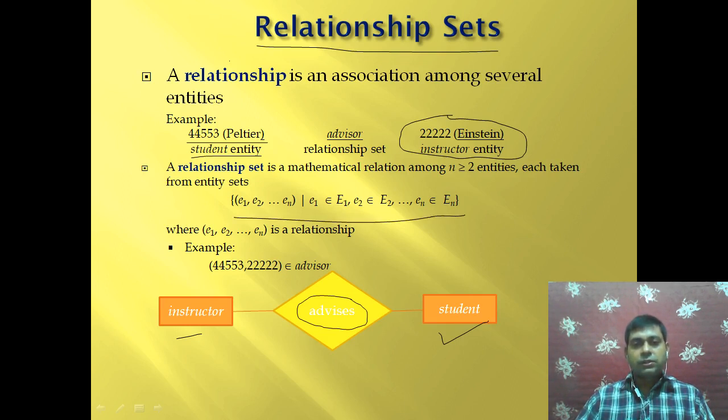And here one thing is very clear, that the number of entities must be greater than or equal to 2. So, n greater than equal to 2, there could be more than 2 as well. If there are 2 entities involved in a relationship, then that relationship is known as binary relationship. Okay.